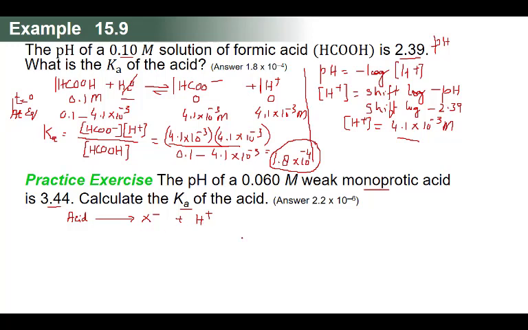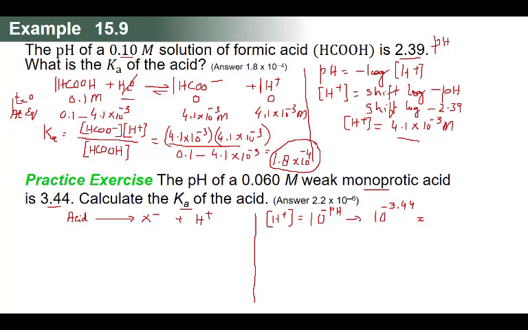Similarly, you have to first check the hydrogen ion, how much is here. So we say hydrogen ion is equal to, this time using the other equation, 10 raised to the power minus pH. So it is equal to 10 raised to the power minus 3.44.